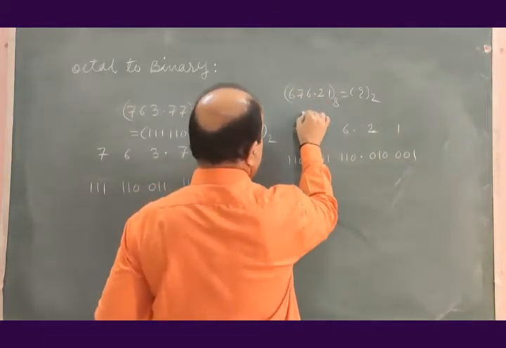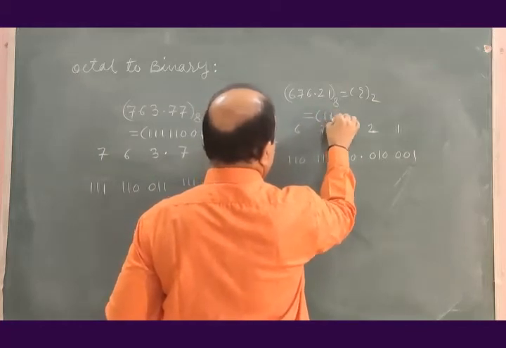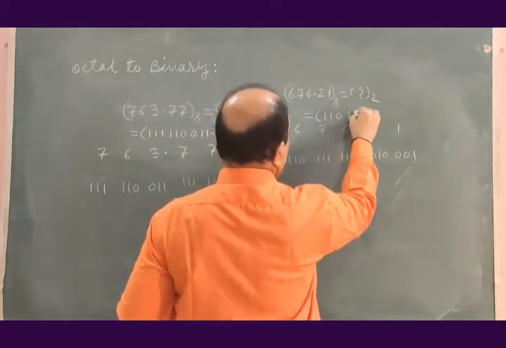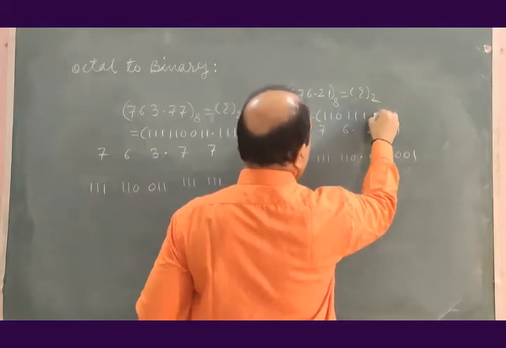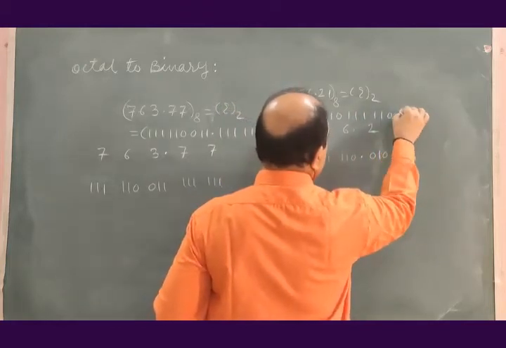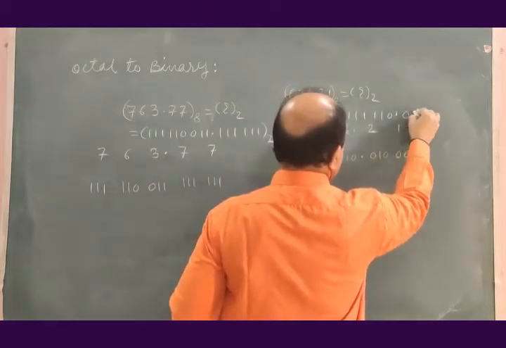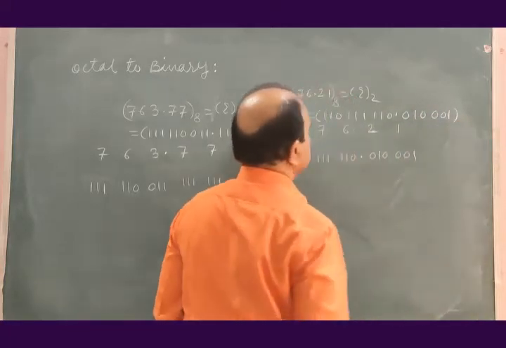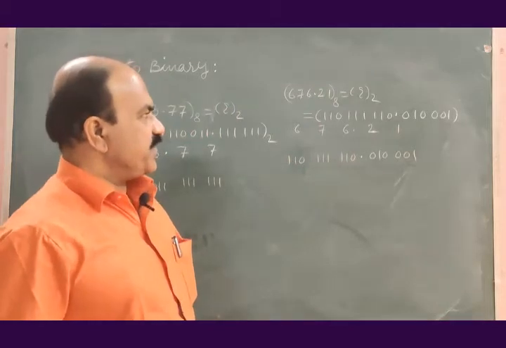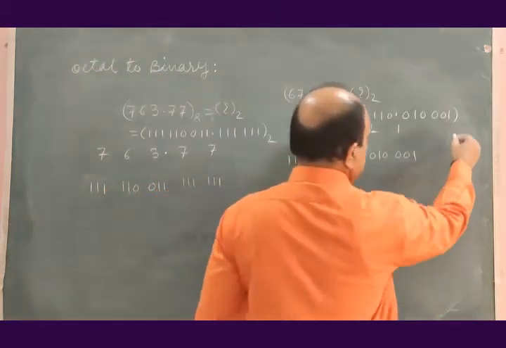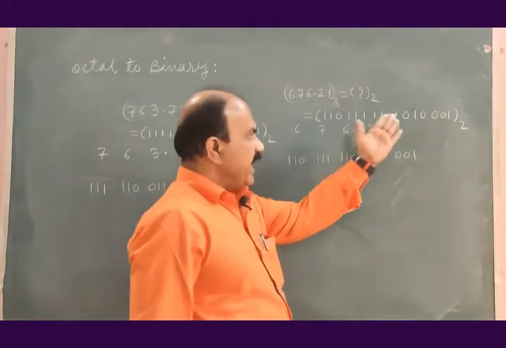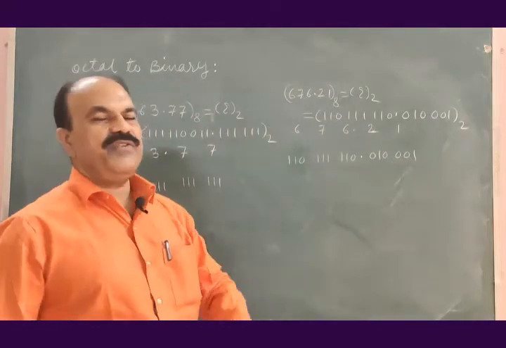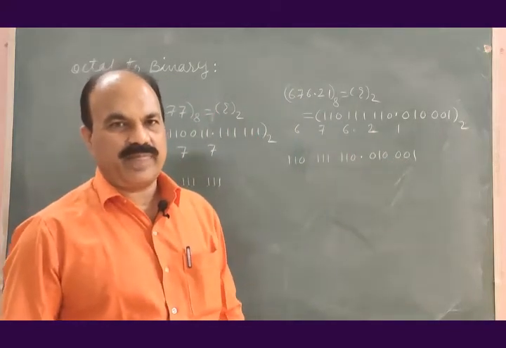And so this is nothing but 1, 1, 0, 1, 1, 1, 1, 1, 0, binary point 0, 1, 0, 0, 0, 1. This is nothing but the binary equivalent of the given octal number.